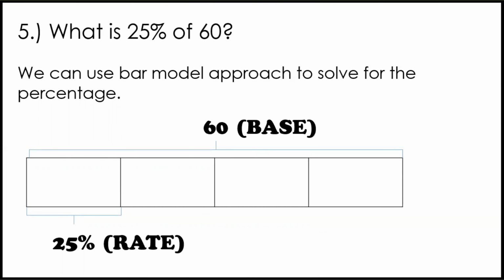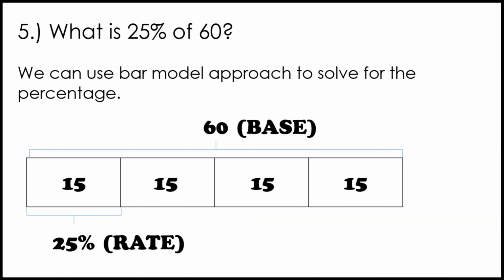So, 25% yung isang bar natin, no? So, yun po yung rate. Ayan, 15. Kasi pag dinivide mo yung 60 sa 4, meron po tayong 15, no? So, 15 bawat box. So, 15 plus 15, 30. 30 plus 15, 45. Plus 15 is 60.